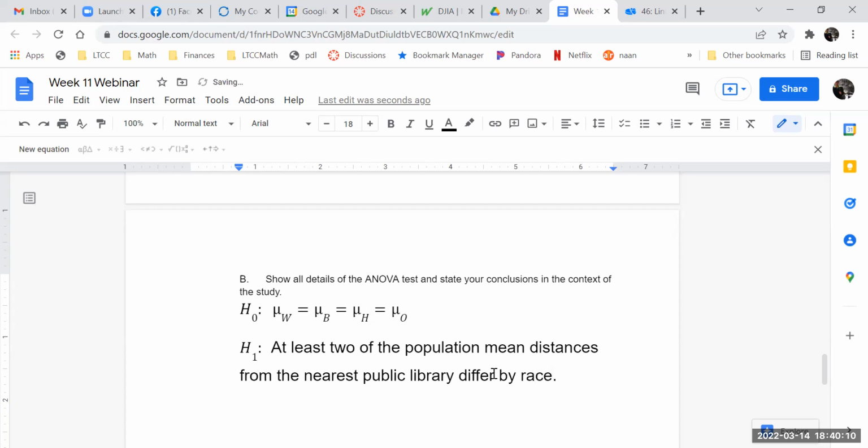So it might be Hispanic and others might be different in terms of how far they are, or it might be whites and Hispanics. It's just any of the 2 if differ, then that means they differ.